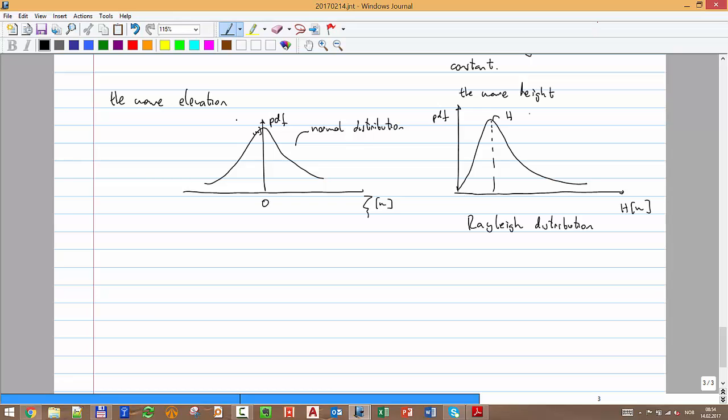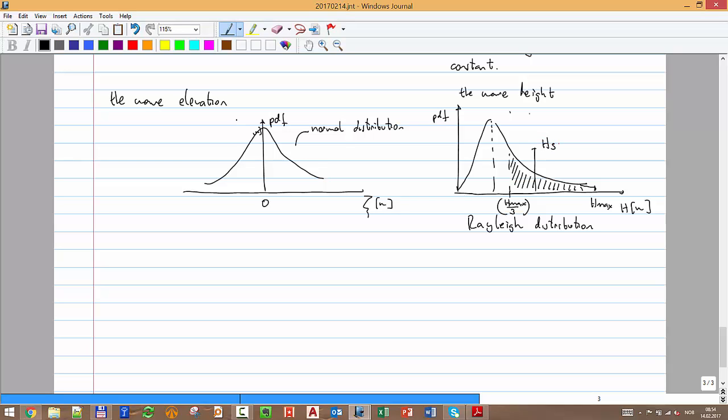I don't want to complicate it, but you have one value which is H max, and you calculate H max divided by 3, and you take the average of H in that region, and that's the significant wave height.